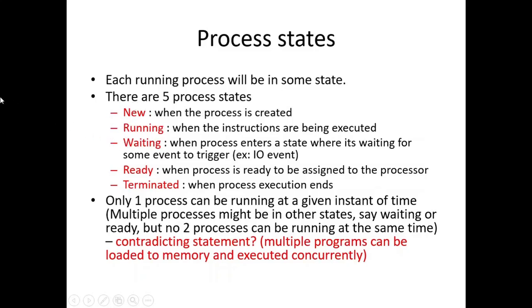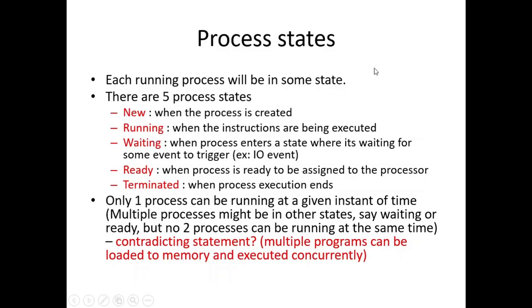Once the process is in the new state, it will be loaded to RAM, and it will be waiting for execution. That state is called the ready state, where the process is ready to be assigned to the processor, and it is waiting in memory to get executed. And once the instructions in the process are being executed, it is said to be in the running state.